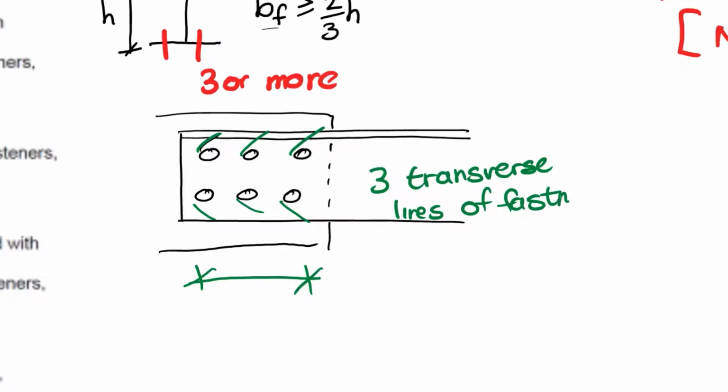And whether there's 1 row or 2 rows, it doesn't actually make a difference in the code. It's this distance along there, and we quantify that by the number of bolts. There are more accurate ways to do this in the American and European codes, but for now we've got fairly simplified guidelines.